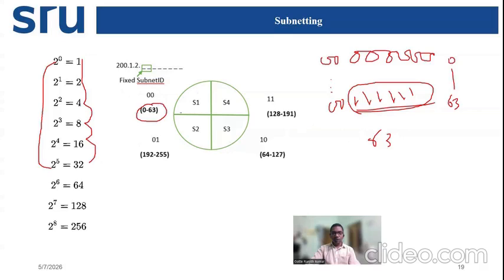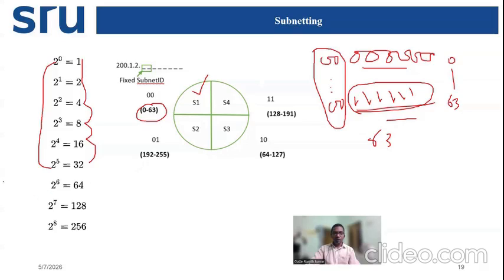0 to 63 is changing, but the first part is common, 0 0. For this entire subnet 1, 0 0 is common. Similarly, up to here 63 is over. Right? The first address is 0, the last address is 63. 63 means the next address is going to be 64.